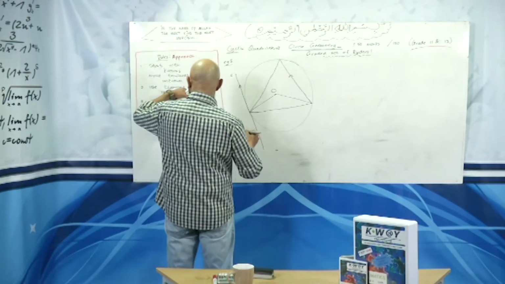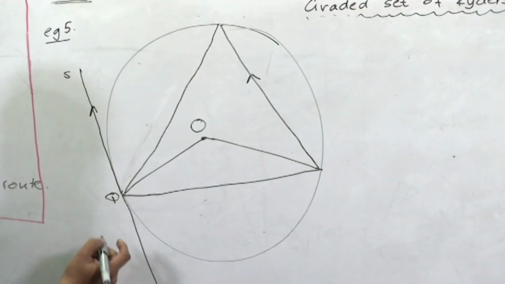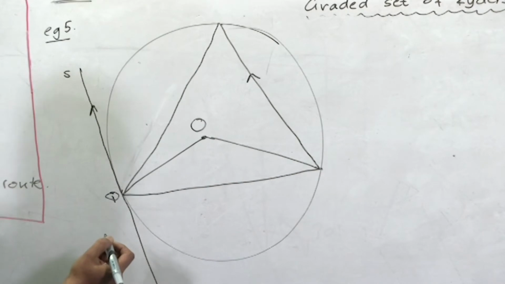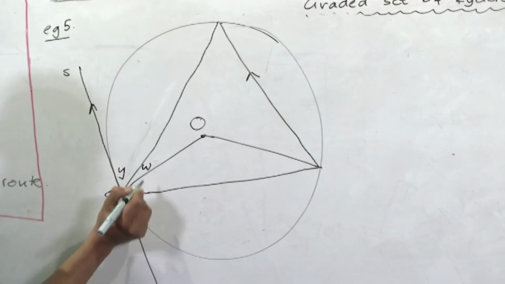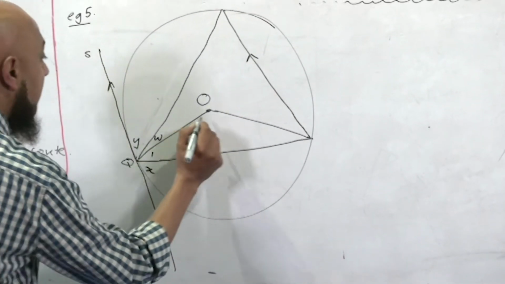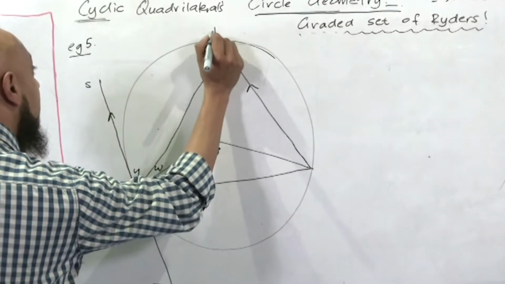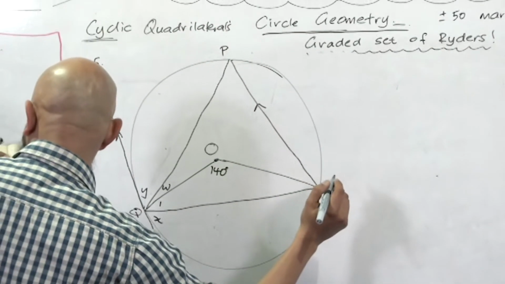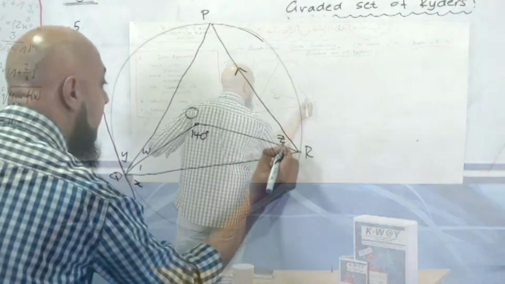Okay, we've got Q, we've got T, we've got W, X, Y. We've got this as 140 degrees. We've got P. And we've got R, we've got Z and 1.